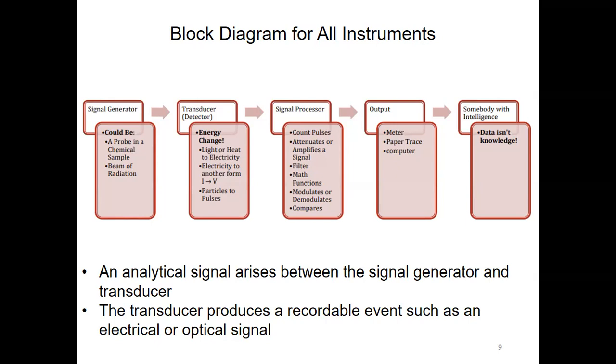Then after the instrument processes the signal, it goes to the output device. The output device can be a computer, any meter, anything. It will give us a numerical value or a graph, whatever, and that is the output. In most cases, computers are available as the output device, but that is what is happening in the instrument.